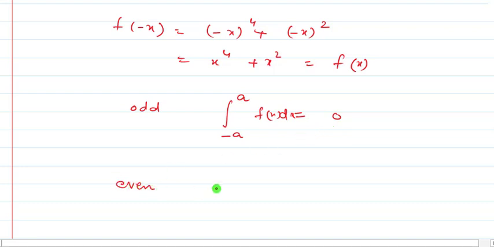And when the function is even, then we need to write the integral from -a to a of f(x) dx as twice the integral from 0 to a of f(x) dx. And after this, maybe we need to apply again the rule of 0 to a, that is changing x into a minus x, and then we can go further. So these are the results when the function is odd or even, when we need to check this property, when the limit is from -a to a.